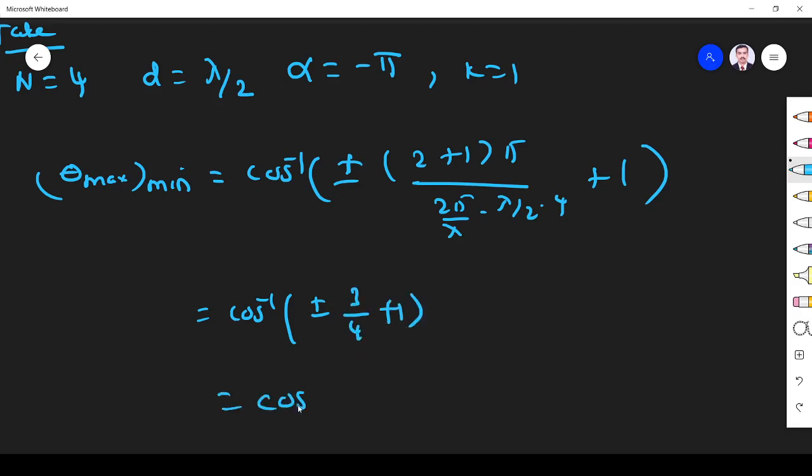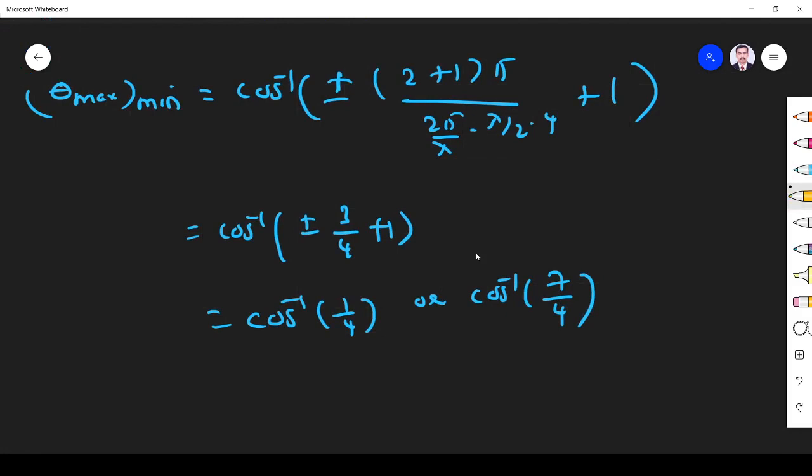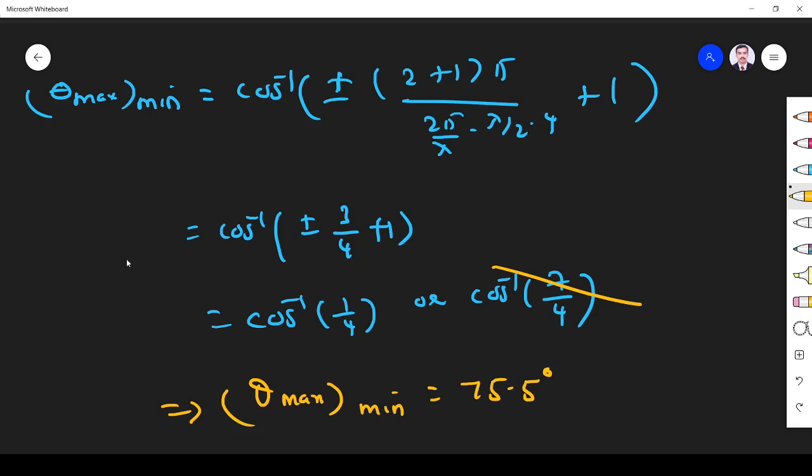Minus 3 by 4 gives 1 by 4, and plus 3 by 4 gives 7 by 4. But cos will not go beyond 1, so 7 by 4 is not possible. So cos inverse of 1 by 4: theta max minor is 75.5 degree.